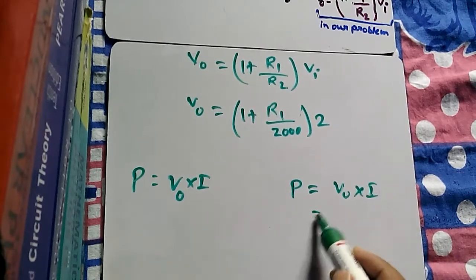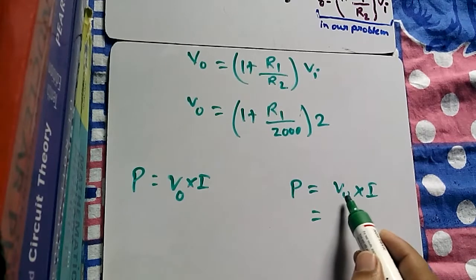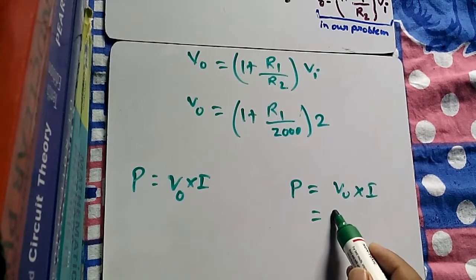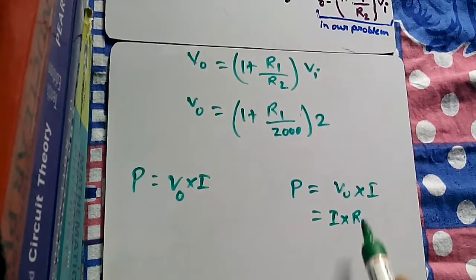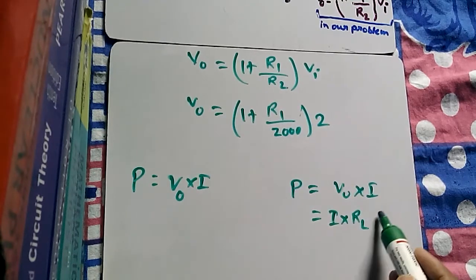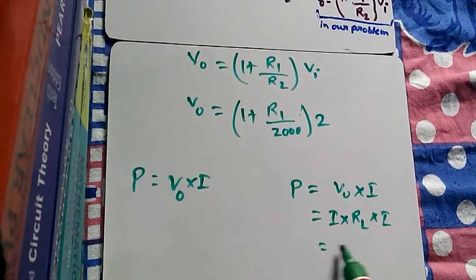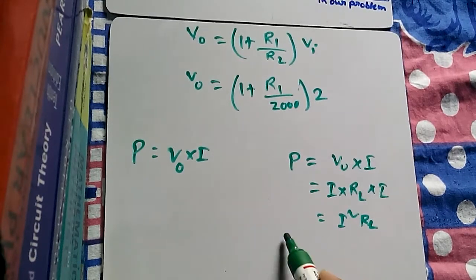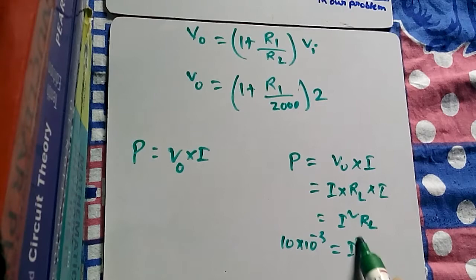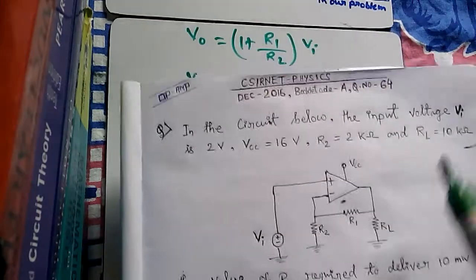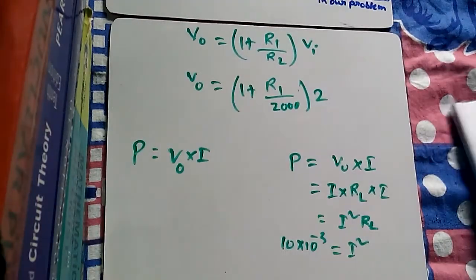I. And now we will break this V0 in terms of Ohm's law, that is I into RL, because this voltage is going to load resistance into I. That means I square RL. And power is what? 10 milliwatt. That means 10 into 10 to the power minus 3 watt into I square, and RL is 10 kilo ohm.